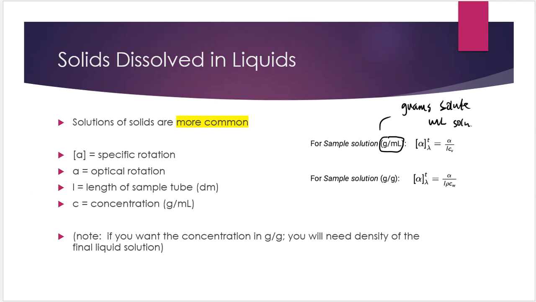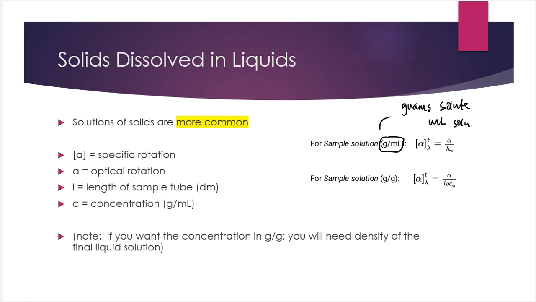So yes, there is a calculation that I have to do on the side. I have to calculate a concentration value. But as long as I know how much I've weighed out, and as long as I know the total volume I dissolved it to, I'll be able to calculate that value without an issue. So that is the C for sample concentration.